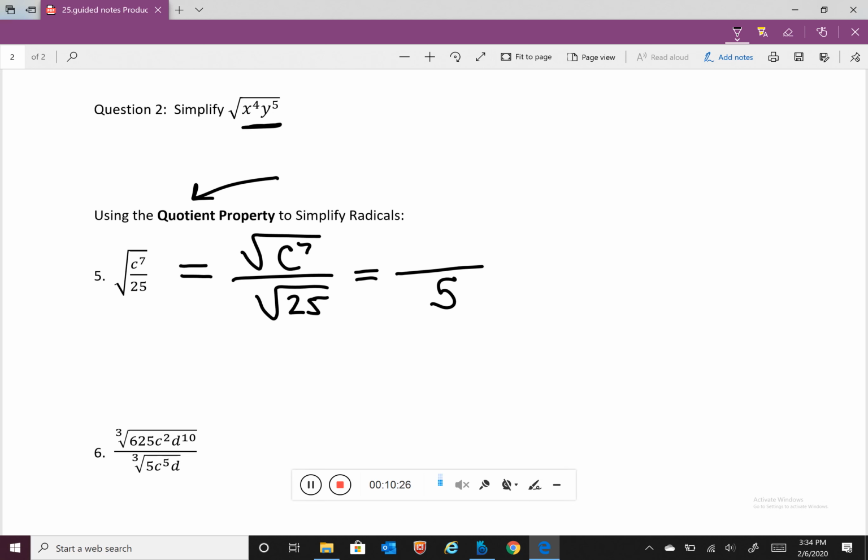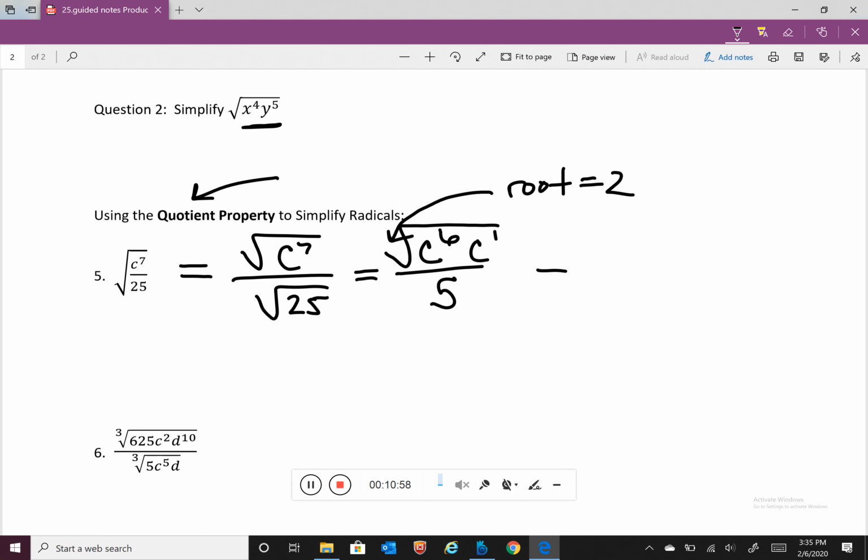Now one of the ways we can understand this, because our root is 2, we can think about the highest factor of c that we have that is even, and that would be c to the 6th. But then we have one additional factor. Now our root is 2, and our highest even power is 6.